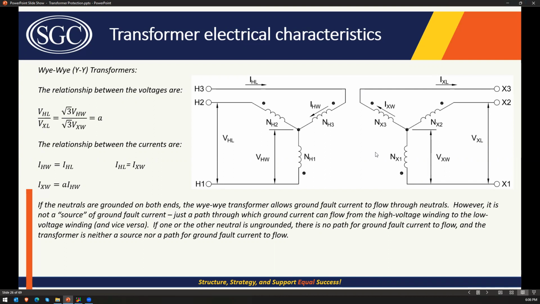Andrew, go ahead, Blaine. So quick question, as you're talking about these different configurations, would these configurations be for a particular or a unique kind of fault that you were looking to protect from? I guess you're asking, why would you use one versus another? Yes. Yeah, we're going to cover that.